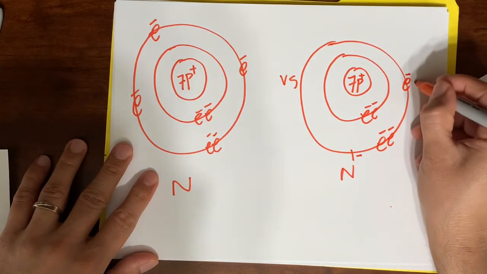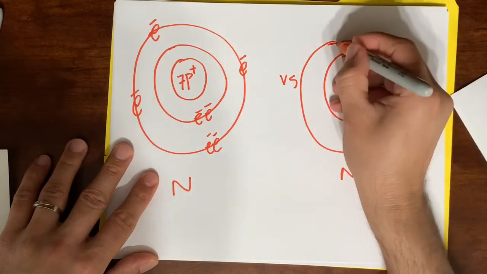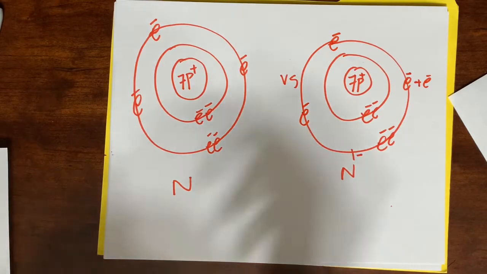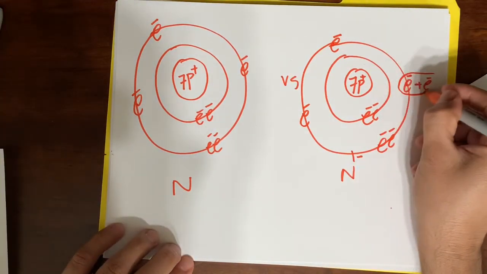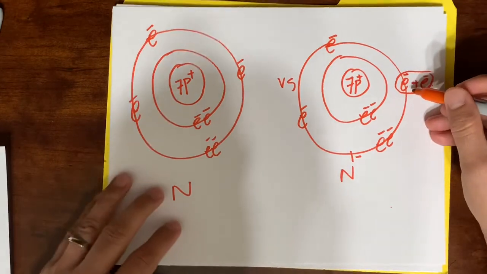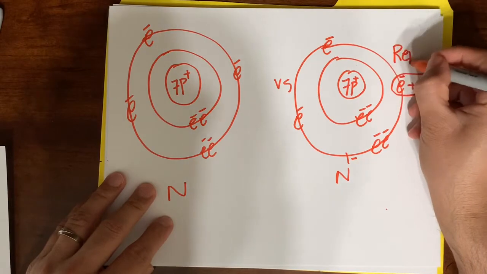I will add an electron. I have 1 here and 1 there. These 2 electrons will hate each other because they are carrying the same charges. They will have repulsion.